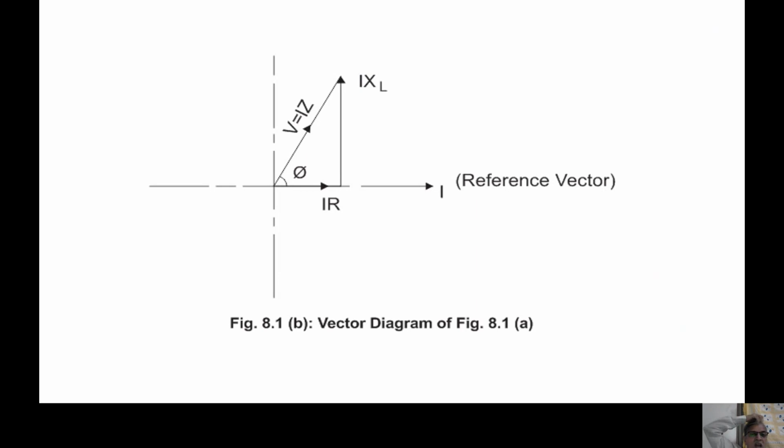And as I told you, R is very small. Here it is exaggerated, but R would be very small. XL is very large, and therefore phi is to the tune of 75, 80, 85, or 88, 89, or 90 degrees. Very large, right? So this is the vector diagram.